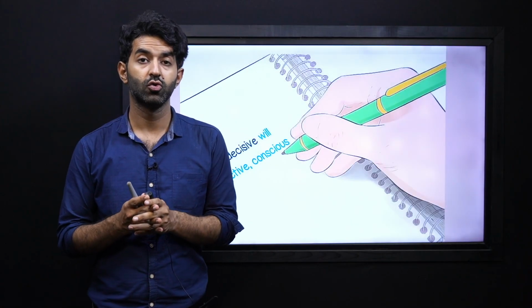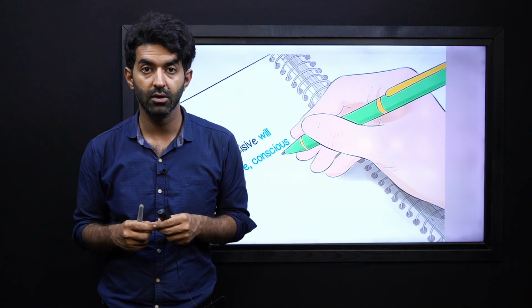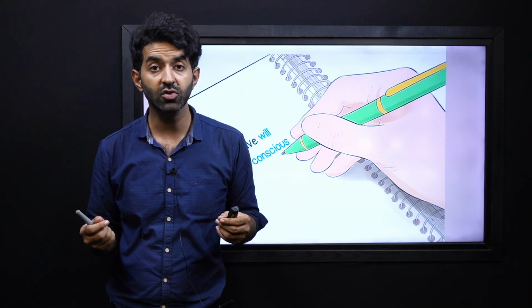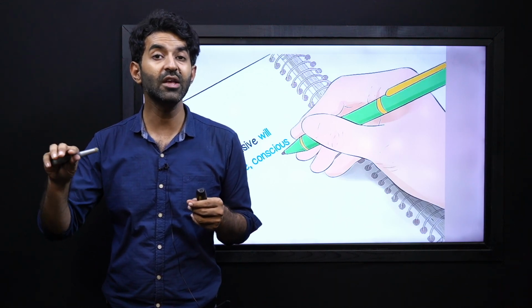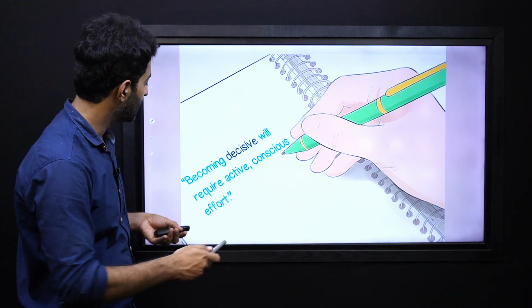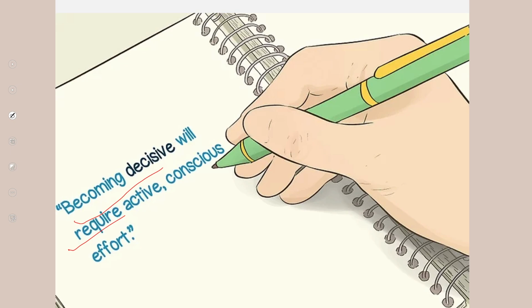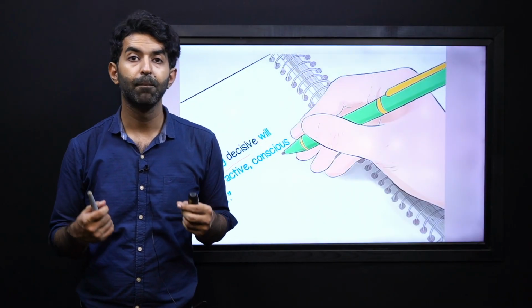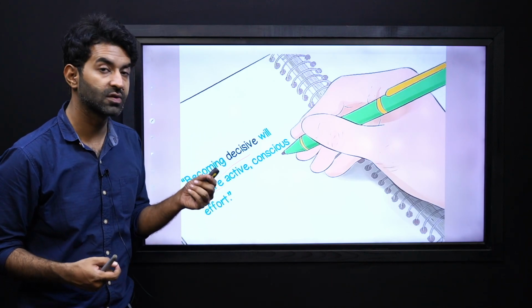Okay, now I want to show a different word for the word intent. Then I can change the sentence. I can use another word in replacement of that word, and I'll say becoming decisive will require active conscious effort. Or I can say becoming intent requires active conscious effort.